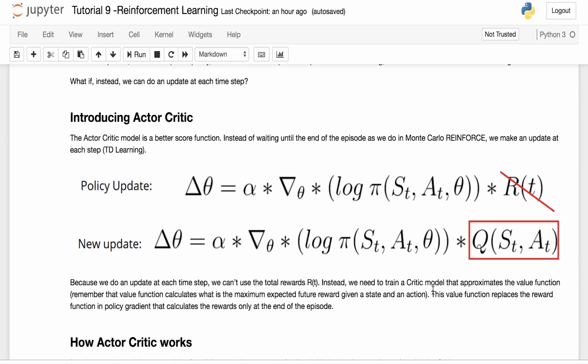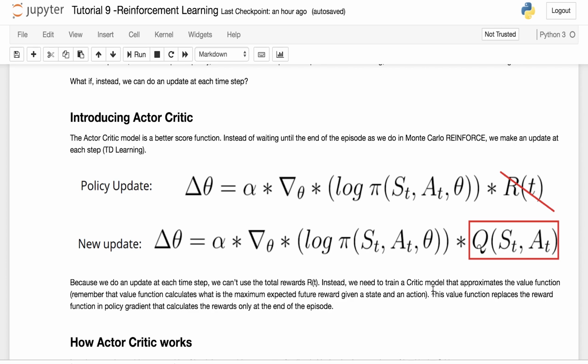We are not waiting until the end to calculate. It fits the Bellman equations.